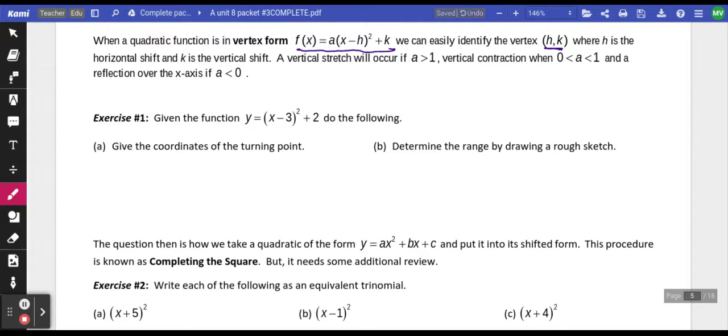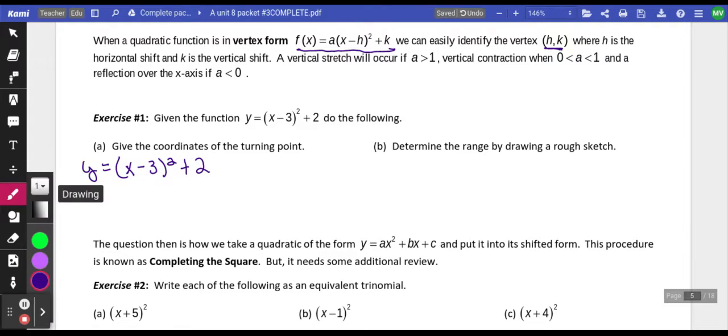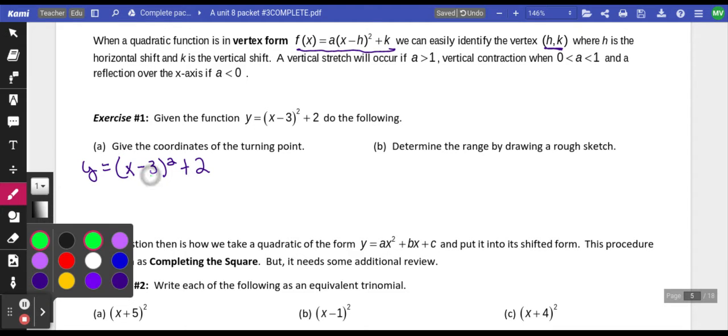Example 1, given that function, y equals (x minus 3) squared plus 2. I can look at that immediately and know that the vertex, or the turning point, is (3, 2), because it matches that form. Determine the range by drawing a rough sketch.